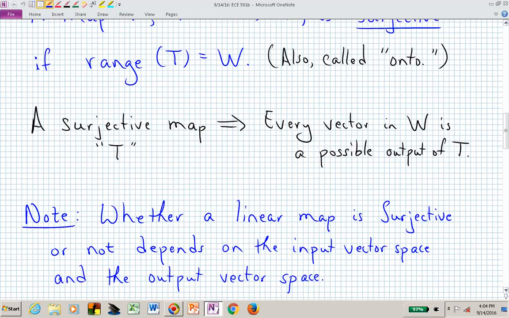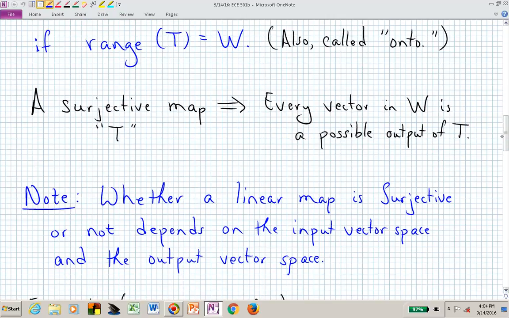One thing that we need to keep in mind is that whether or not a linear map is surjective depends on how we are defining the input vector space and the output vector space.